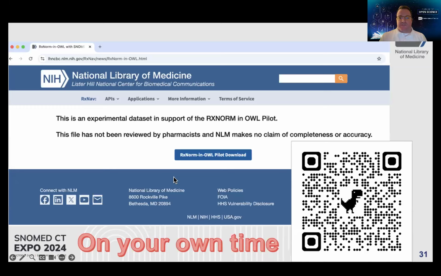Of course, if you also want to experiment with your favorite triple store and other semantic web technology, you're free to do so. This is just the data. And also, I would add, if you are just starting out with ontologies and you're a developer, go out and try the OWL API. It's really something.